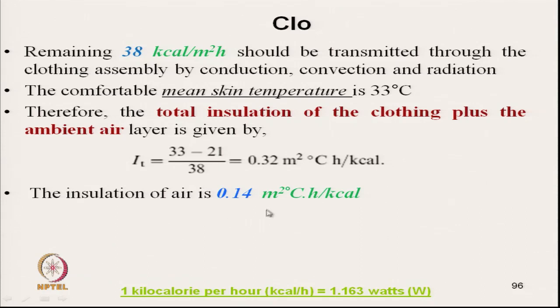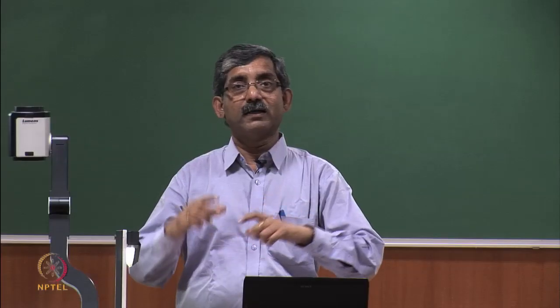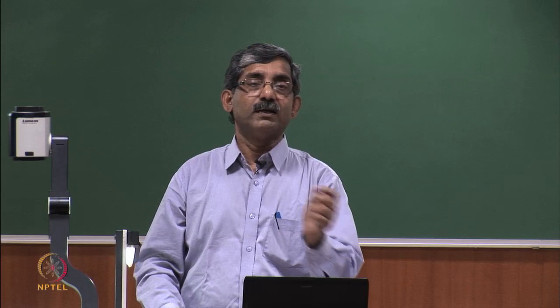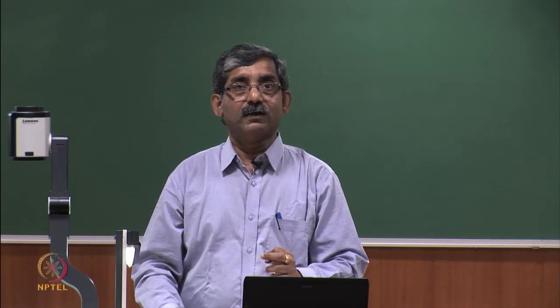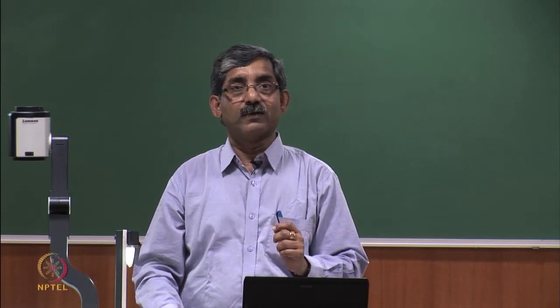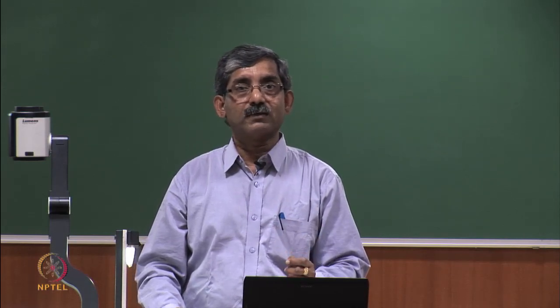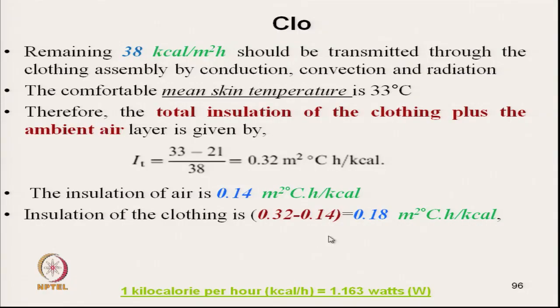The insulation of air and the insulation of fabric are in series, so we can simply subtract from the total insulation to get the fabric insulation. So, the insulation of clothing is 0.32 minus 0.14, which comes out to be 0.18, and by definition that should be 1 clo.